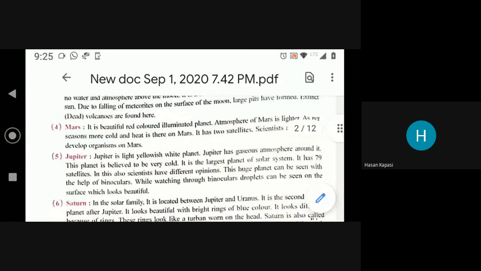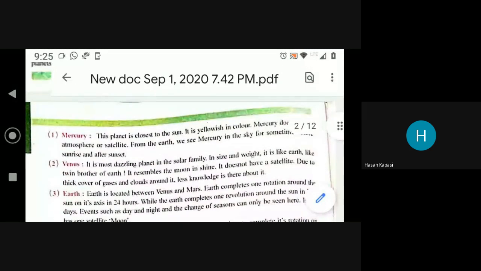So all this today we saw about Mercury. First of all we saw about the sun, the giver of life. Then we saw Mercury. Then we saw Venus. Mercury is the closest to the sun, whereas Venus is the twin brother of the Earth. And the Earth, of course, who does not know about the Earth? Every one of us knows, right?